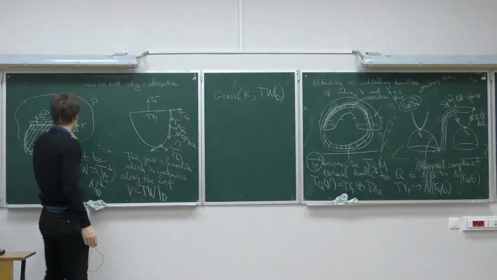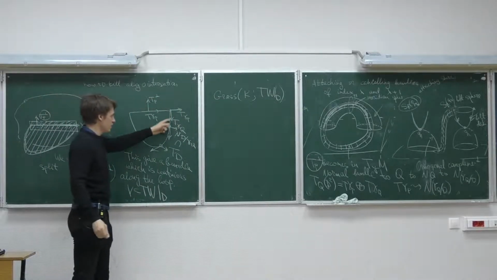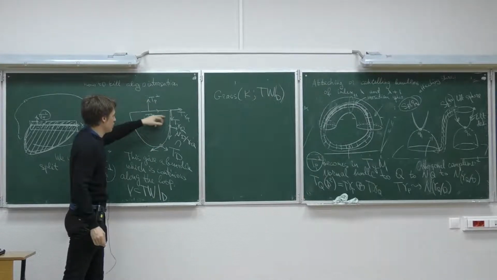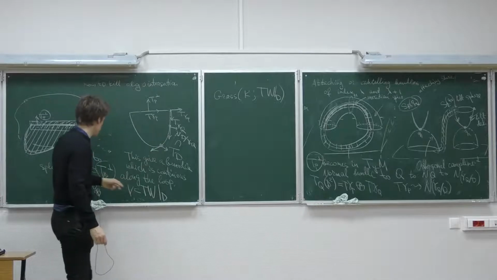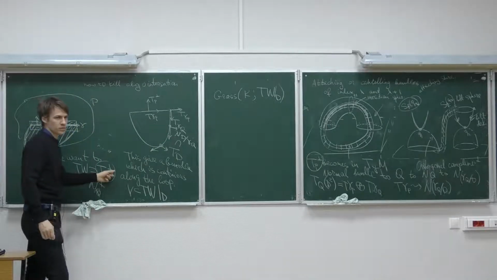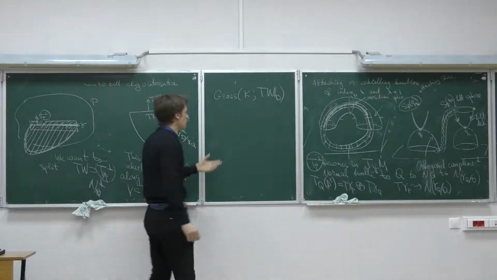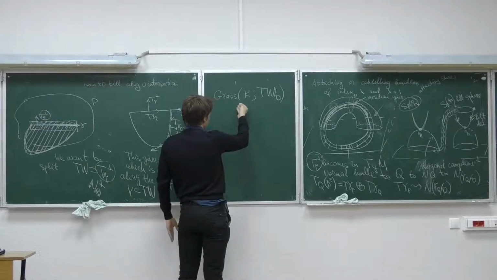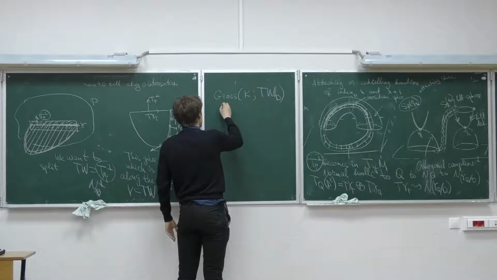But you do not know that it is a bundle, so you have constructed only the bundle on the boundary of your disk. I mean this orthocomplement to the bundle. So you want to extend this bundle to the whole disk. So want to extend.